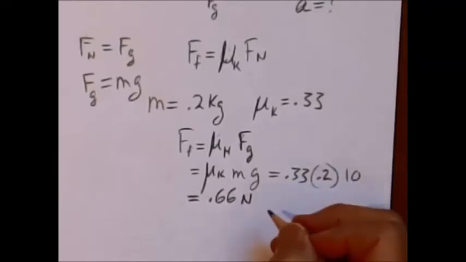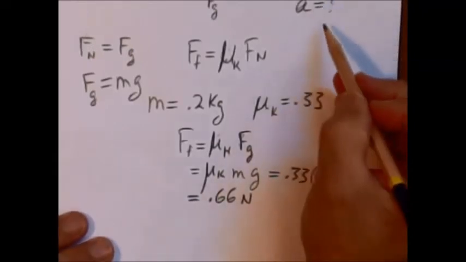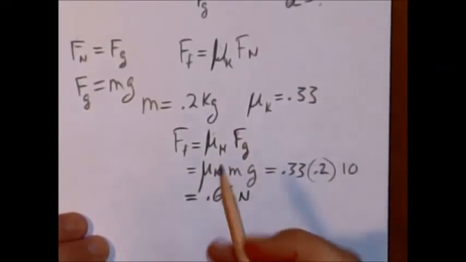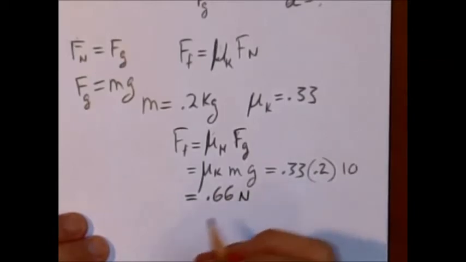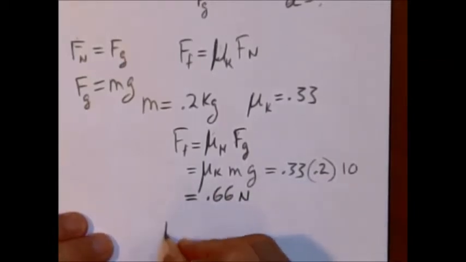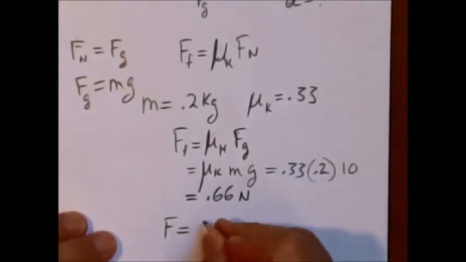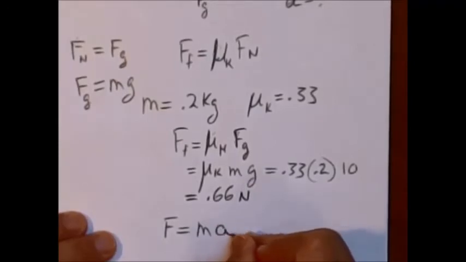Okay. But we're not done yet, because what we're trying to find is the acceleration. So for the acceleration, we can apply Newton's law that says that the force is proportional to the acceleration with respect to the mass, right? So F equals ma.